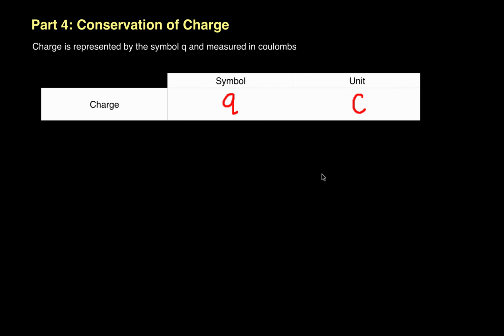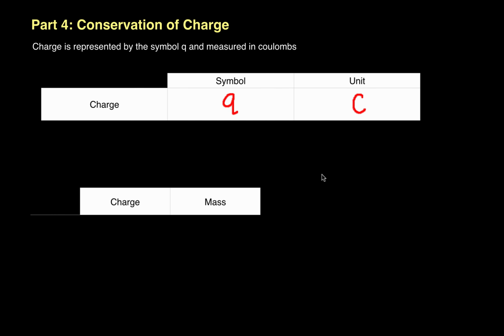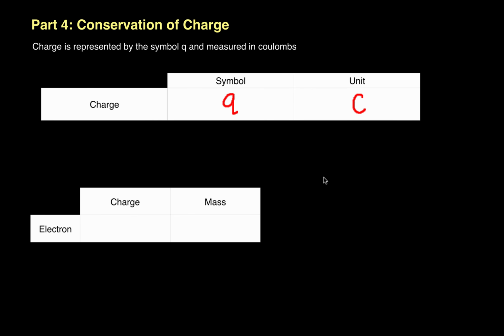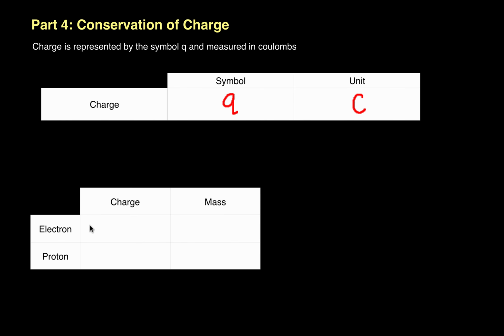In nature, there are two particles that carry charge, the electron and the proton. The charge of the electron is negative 1.6 times 10 to the negative 19 coulombs. The electron has a mass of 9.11 times 10 to the negative 31 kilograms.